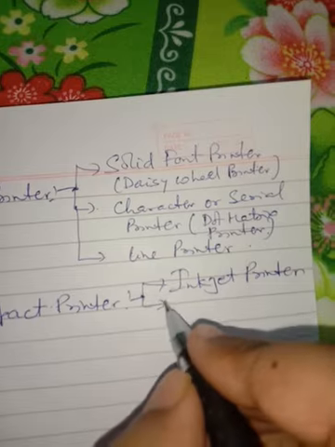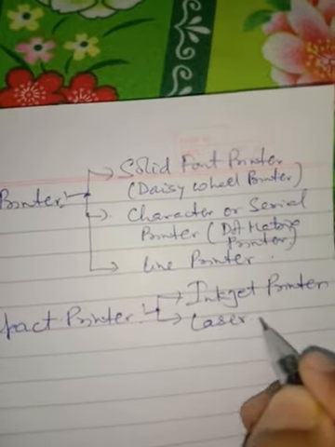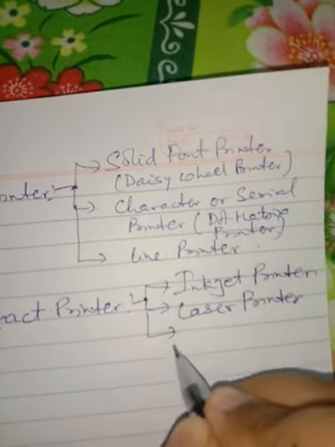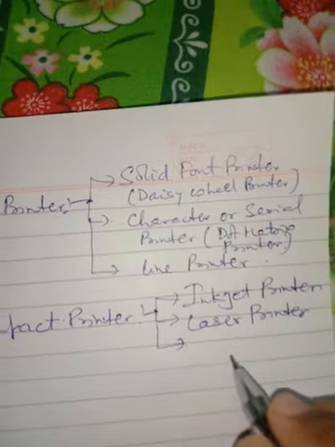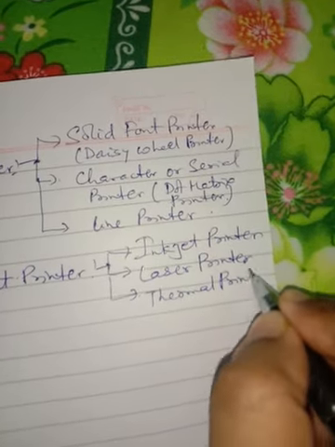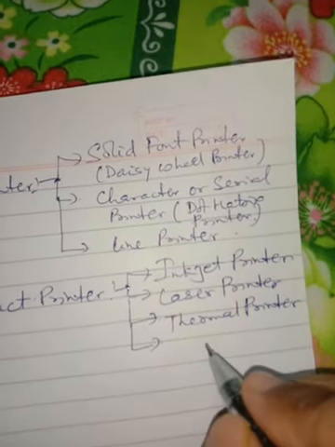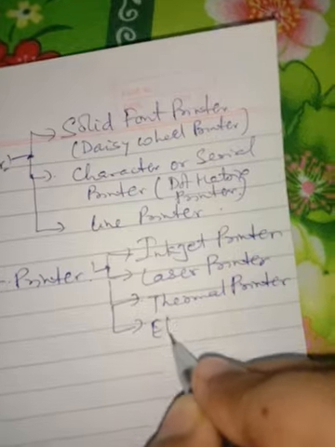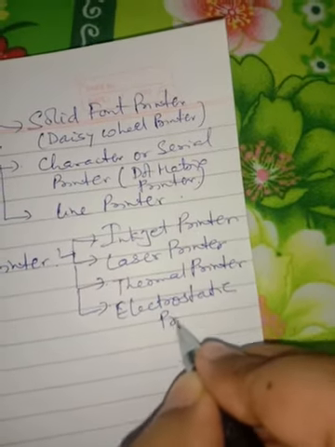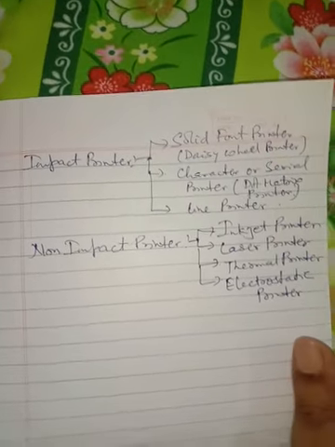The second one is laser printer. The third one is thermal printer. And the fourth one is electrostatic printer. So these are the four different types of non-impact printers.